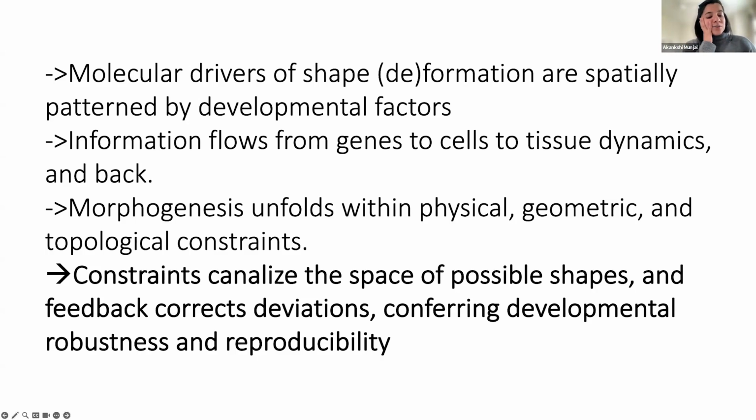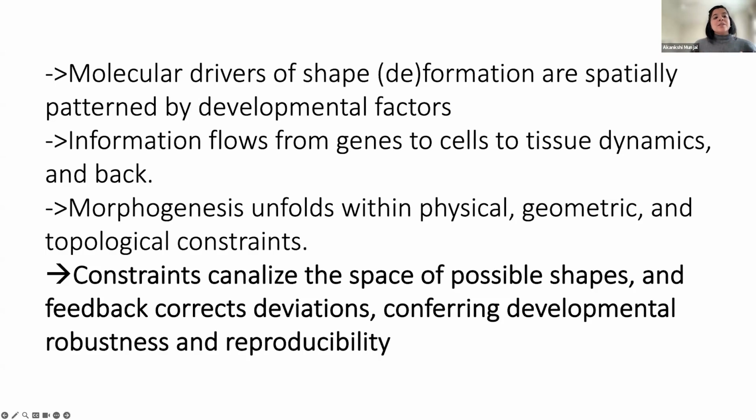And I've tried to abstract it as this idea that development is robust because we have constraints that are canalizing the possible shapes that tissues can acquire. And this is something that Noah and others have also alluded to in their talks.